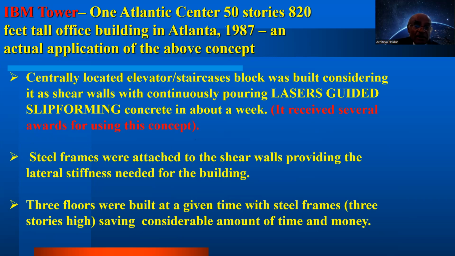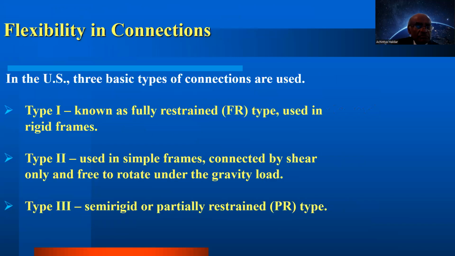And then steel frames were attached to that, providing the stability and lateral strength it is looking for, and steel frame can be built 3-4 floors at a time. So that means overall, it would give us economic design.